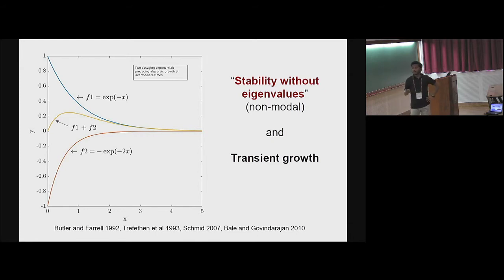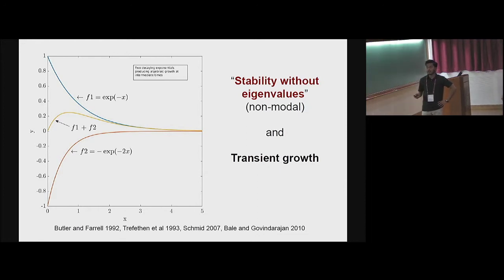But when you look at the combination of these two vectors, the resultant slightly grows, as is seen as a hump here in short times.